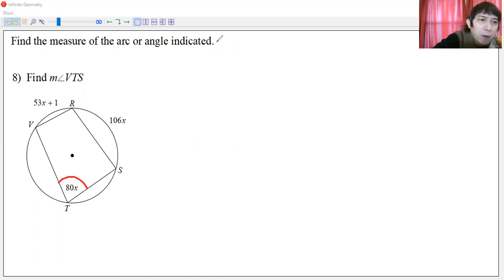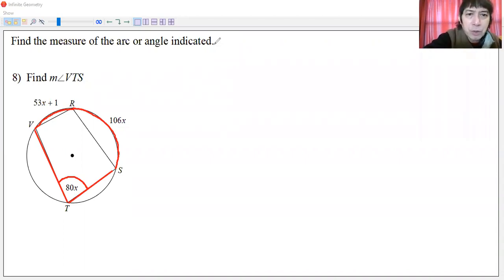How do we approach the problem? We have one arc VR added to arc RS. That will be the subtended arc of the inscribed angle VTS. If we can only get those two arcs added and then divide by 2, that will be the measure of the required angle VTS. So let's form our working equation.